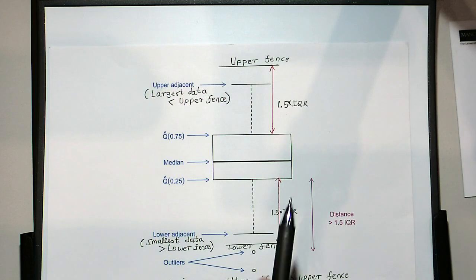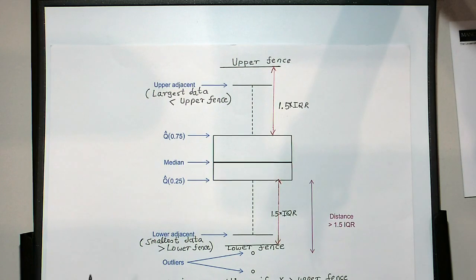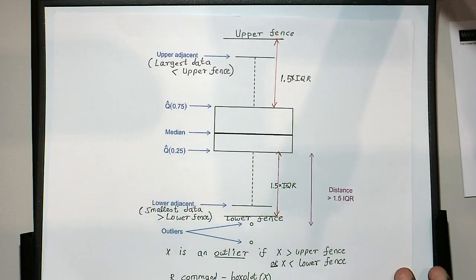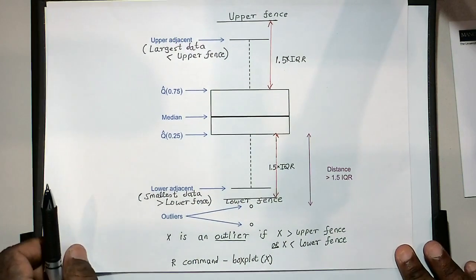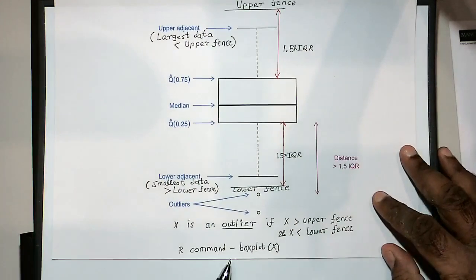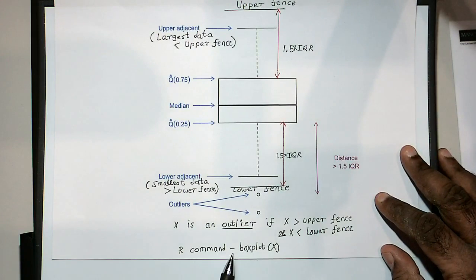This picture is a little bit more detailed than the picture I put in the video, so I'll make a copy of this and post it on the website. By the way, the command in R for box plot is simply boxplot, with the data in brackets, where X is an object that contains the data.